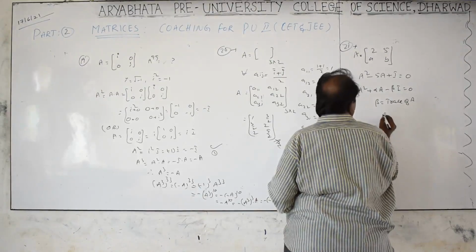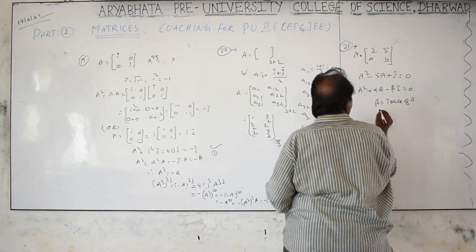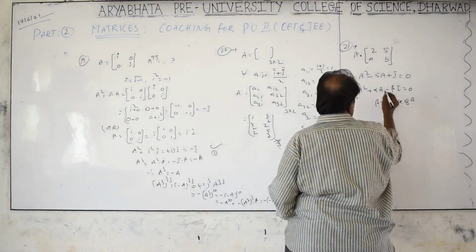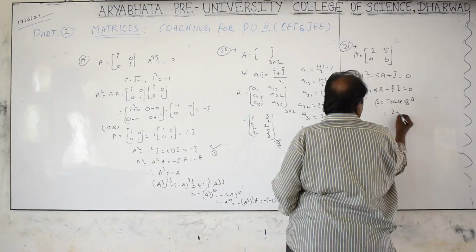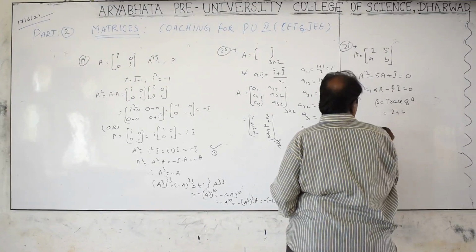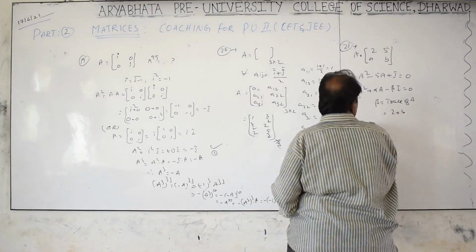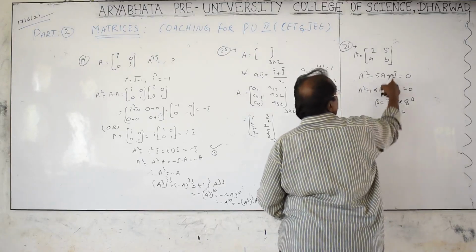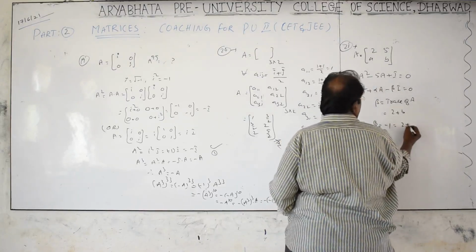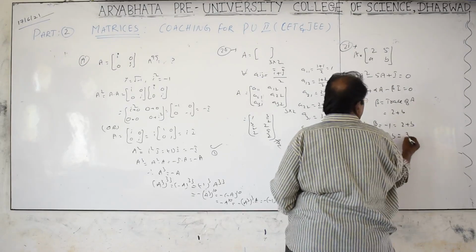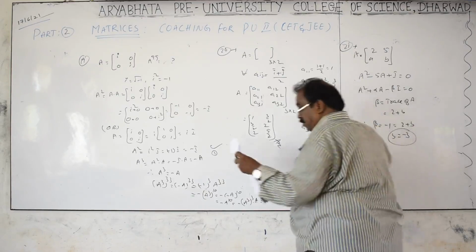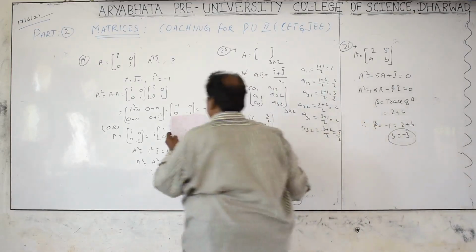So beta is equal to trace of A, means it is 2 plus b. Okay, na? But here beta is equal to minus 1. If you compare this one, minus 1 is equal to 2 plus b, b is equal to minus 3 will come. Okay, na? You see there, you verify that one like that only.